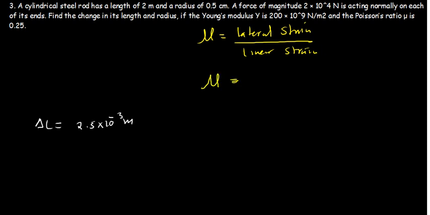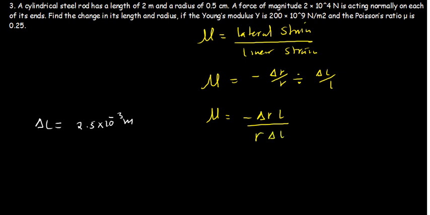So mu is equal to, because the radius always reduces, it will be negative change in radius over actual radius, divided by the linear strain, that is change in length over actual length. So this will also give us negative change in radius times length divided by radius times change in length.